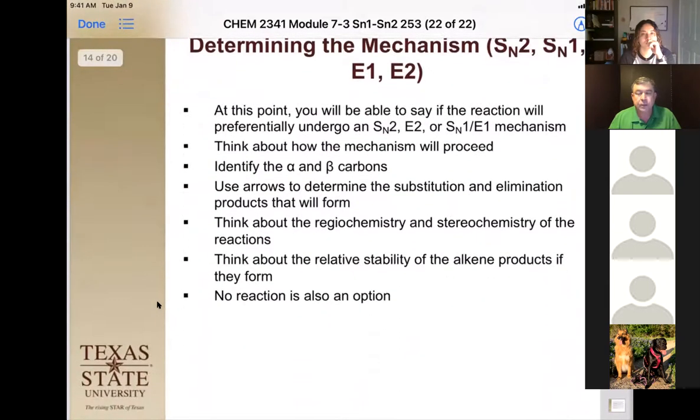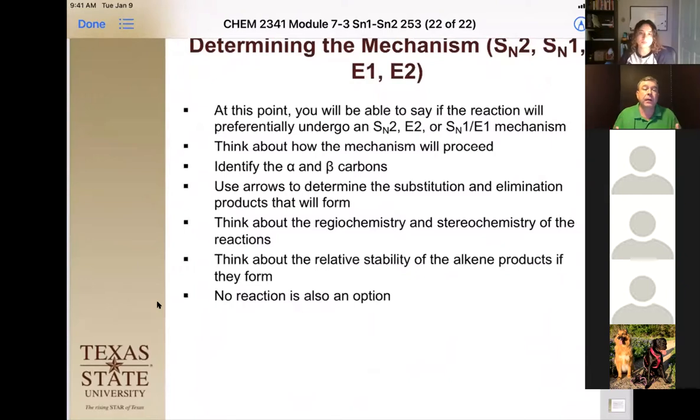By now you should have enough information to have eliminated some of the mechanisms. Once you do that, you can think about, if I have a competition between an elimination reaction and a substitution reaction, let's identify the beta hydrogens and see where they can be removed.